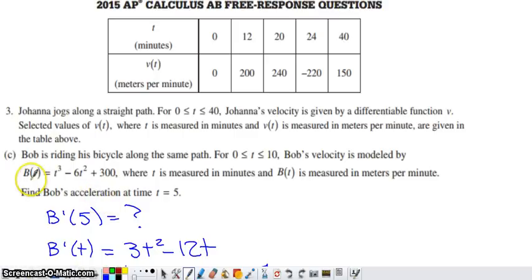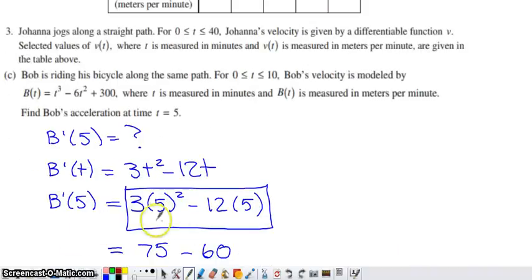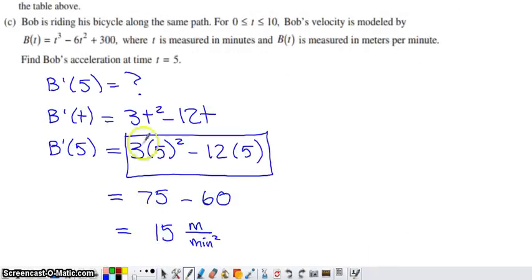So since this is Bob's velocity function, we would need to take the derivative of this velocity function and then evaluate it at 5. So it's a pretty simple derivative, just a power rule, and then you're going to evaluate that at 5. And like we said earlier, you could leave your answer like this if you wanted to. We typically don't like to do that. So if you went ahead and did the arithmetic, you end up with 15 meters per minute squared for Bob's acceleration at t equals 5.